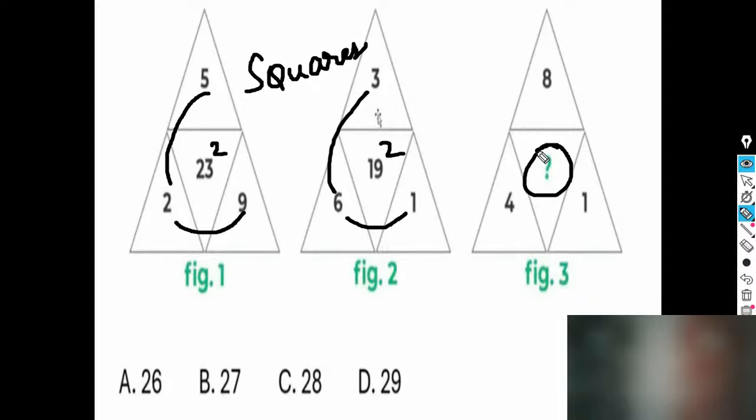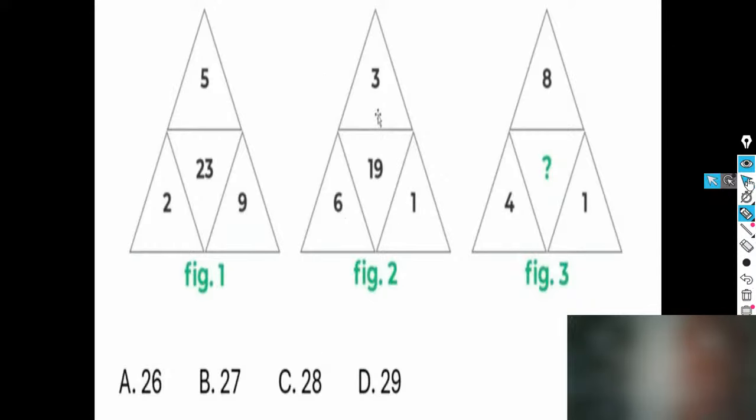We have 841. From the options, which number squared is 841? That is the question. The answer for this one is 29. 29 squared gives us 841. So that is the answer. 841 means it is 29 squared.